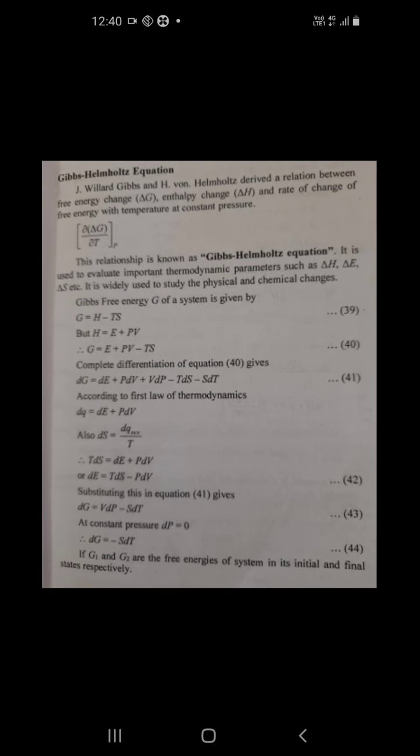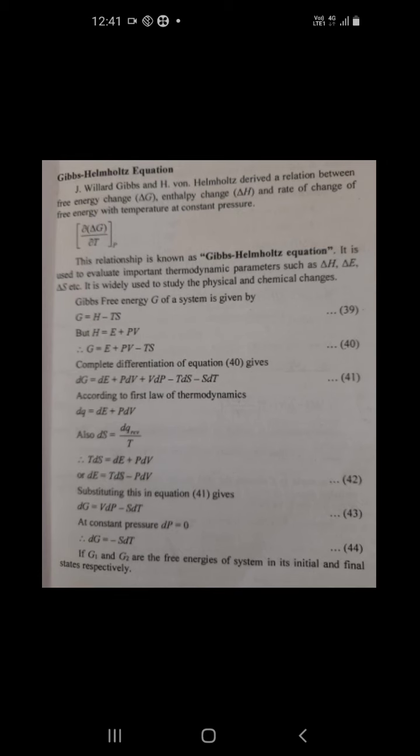So we will start with the first important fundamental equation of Gibbs free energy, that is G is equal to H minus TS. I already told you the meaning of that particular equation. What is G, what is H, what is T, and what is S. So always remember, what is the Gibbs free energy equation?